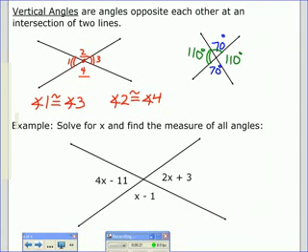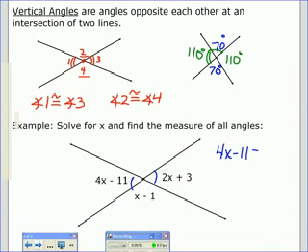Okay, so for a final example, we've got an intersection on the bottom of the slide here where there are expressions for three of the angles in the picture. And we want to solve for x and find the measure of all angles. So we need to look at this and figure out how some of these are related so we can write an equation. The easiest way to do that is you might notice that these two angles are congruent because they're vertical.